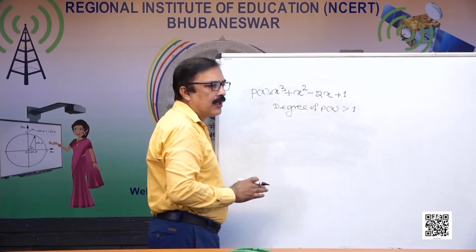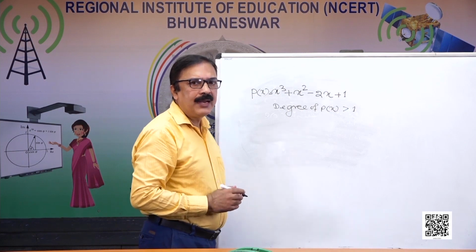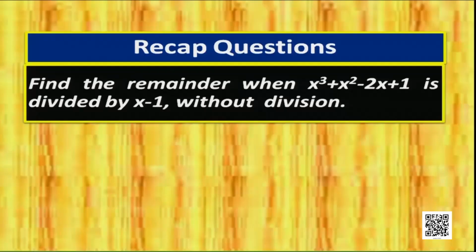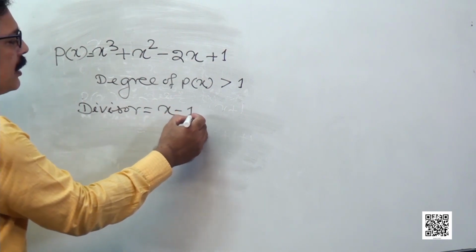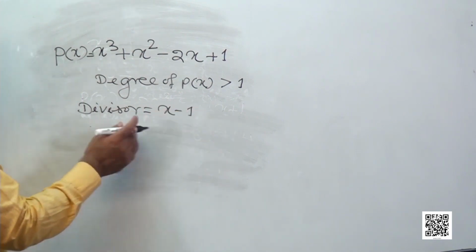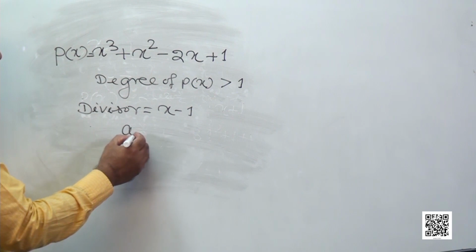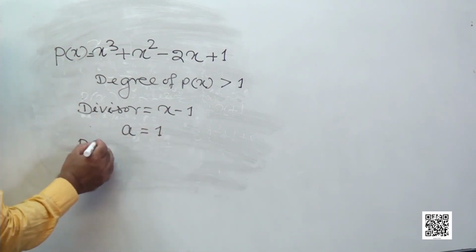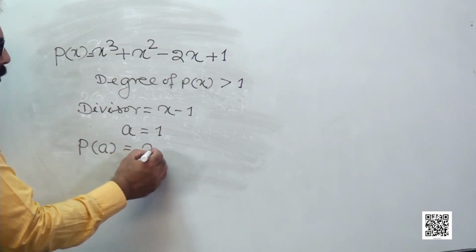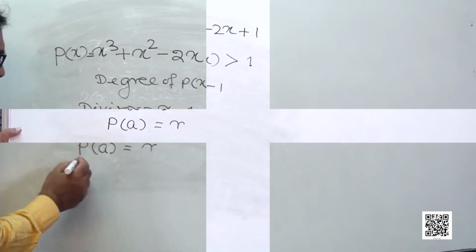Now see, we have to divide it by x minus 1. So divisor is x minus 1. If we compare this, our a is equal to 1. So in that case, P(a) is the remainder. So what is P(a) here?